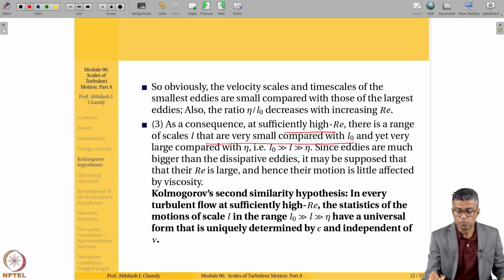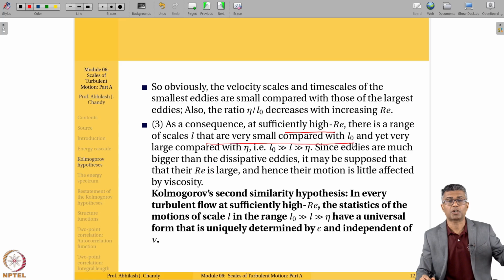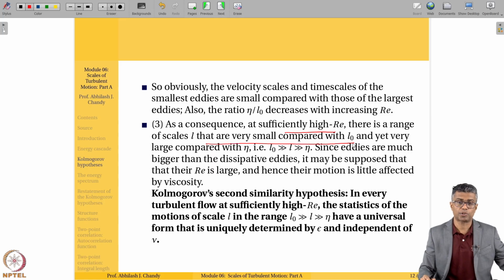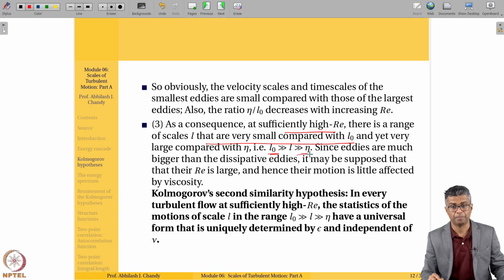They are very small compared with L0 on the large side, and very large compared with eta on the small side. So L is much less than L0 and much larger than eta.